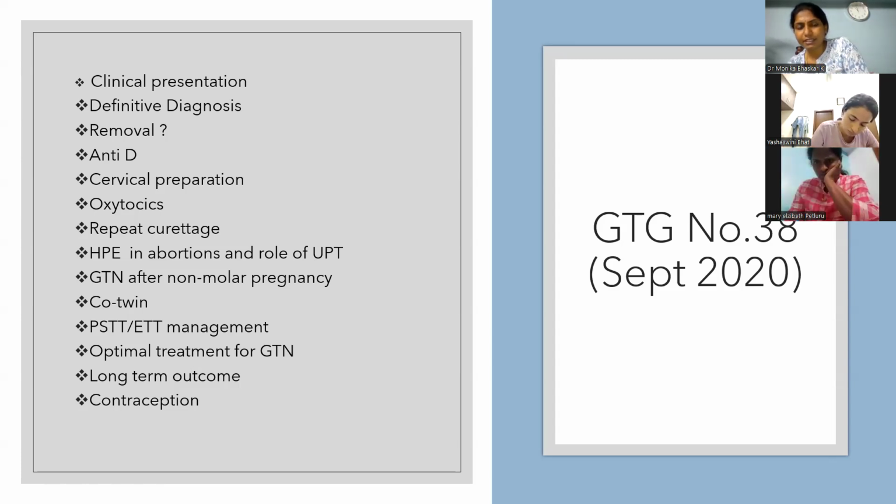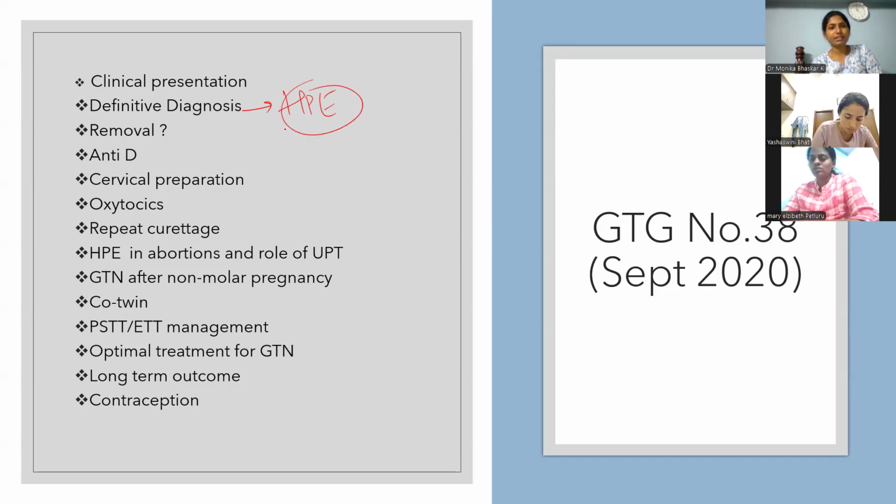All these are the clinical presentations in complete mole, whereas a partial mole presents to you as a missed abortion or an incomplete abortion. Next, definitive diagnosis is only after a histopathological examination. So the GTG clearly tells that to diagnose molar pregnancy, the definitive diagnosis is by HPE.